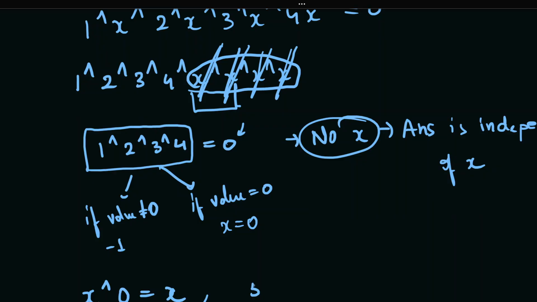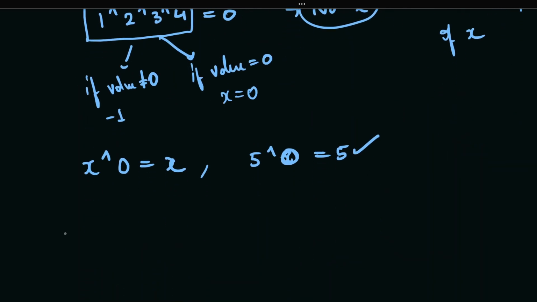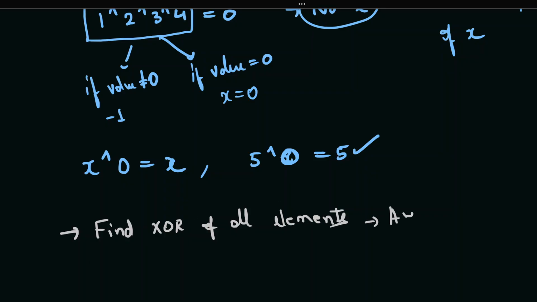Even if you take 5, 5 XOR 0 is equal to 5 itself. You can try it out. So the answer is nothing but the XOR of all elements. That is your answer in case of odd. Simply that is the answer.